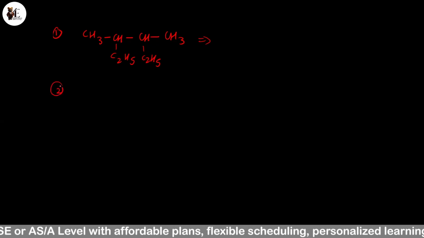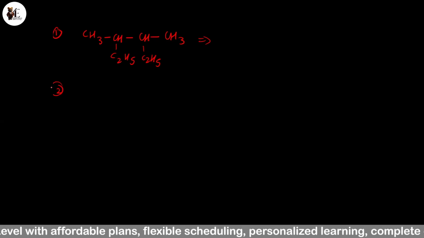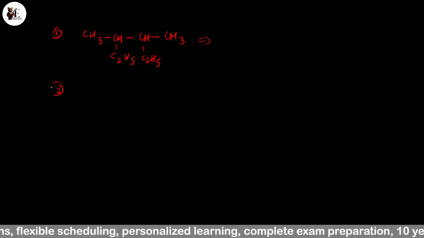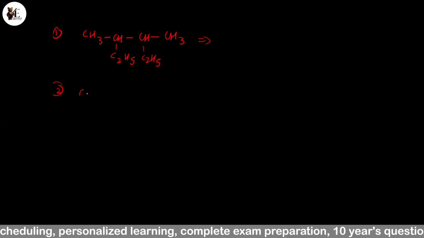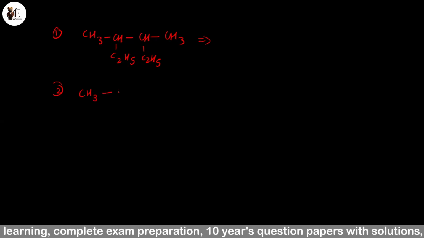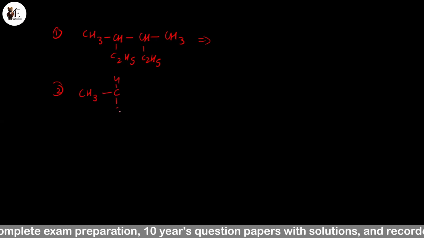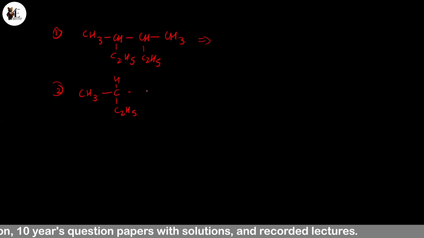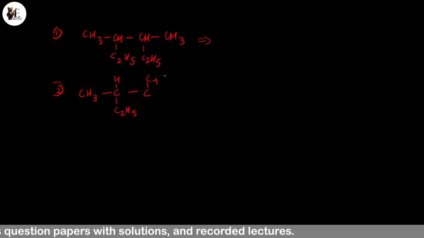Second one is CH3, CH, C2H5, C, C4H9, CH3, and CH3.